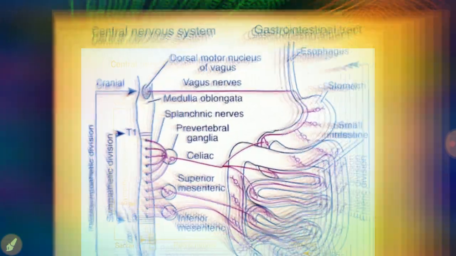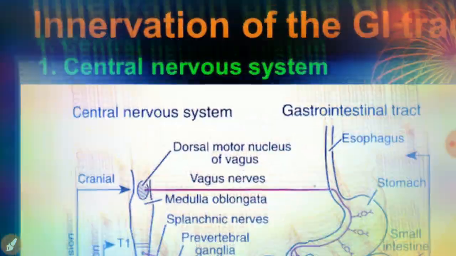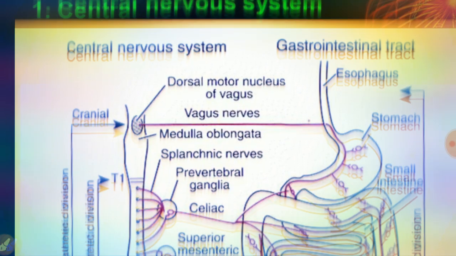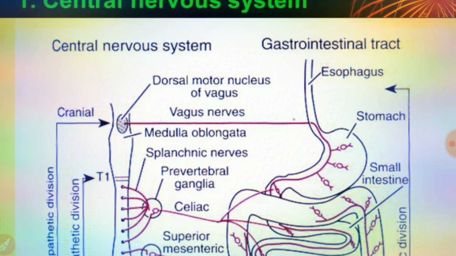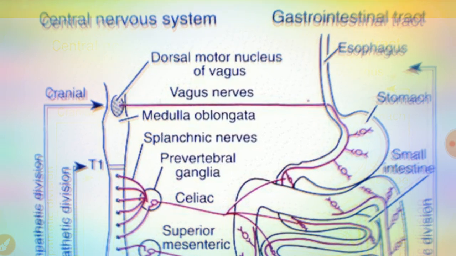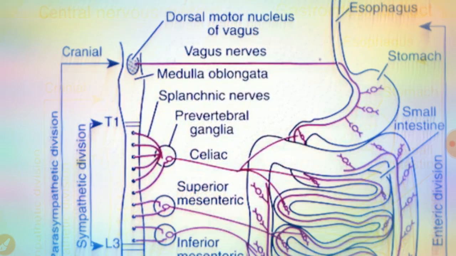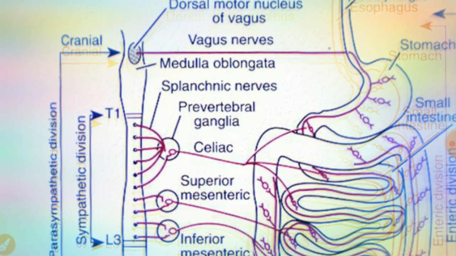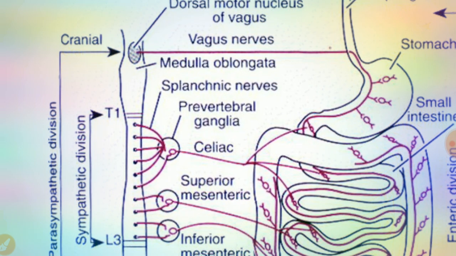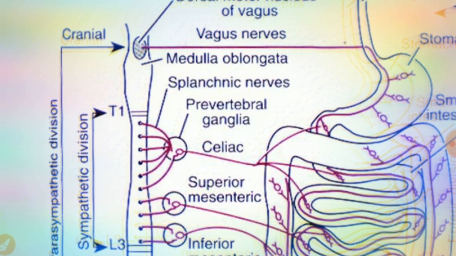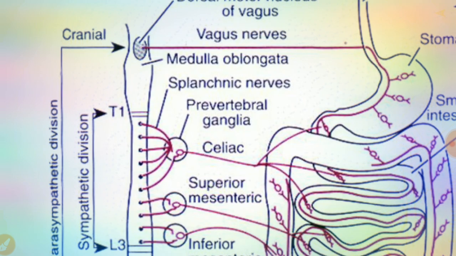See here how the central nervous system innervates the gastrointestinal tract: by the dorsal motor nucleus of the vagus in the medulla oblongata, splanchnic nerves, prevertebral ganglia, celiac, superior mesenteric, cranial nerves.